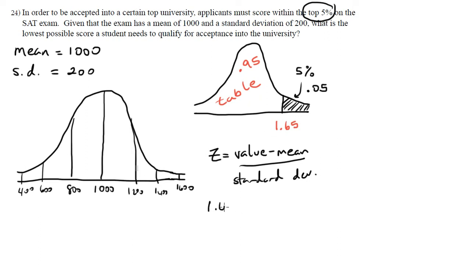We know that's 1.65. I don't know the x value. That's what I'm trying to determine, the x value that gives me that 1.65 z-score, or that 0.05 to the right. Minus the mean, which is 1,000, we have that. Divided by the standard deviation, which is 200, we have that.